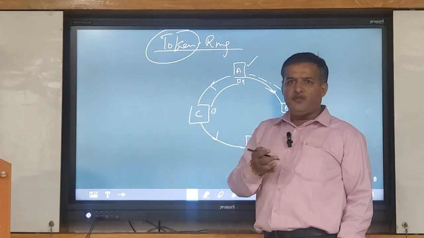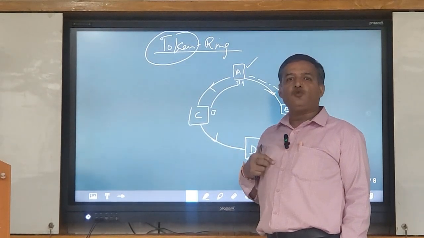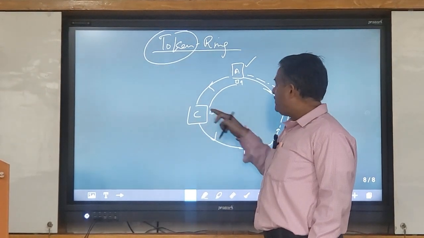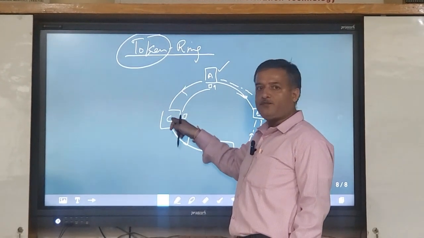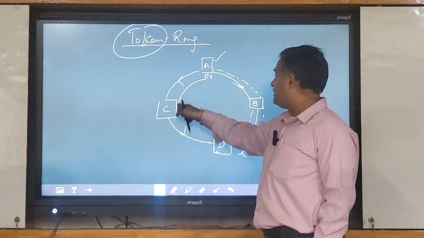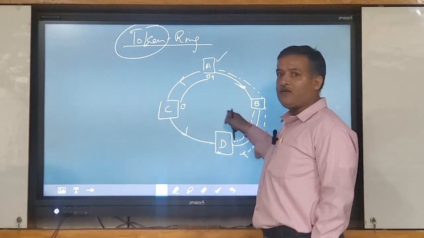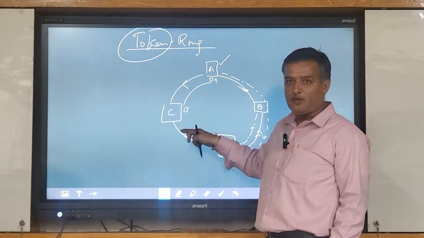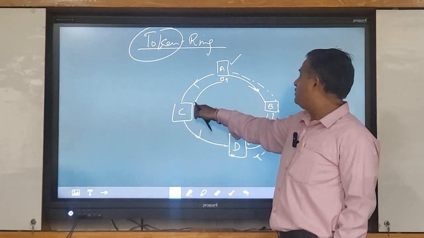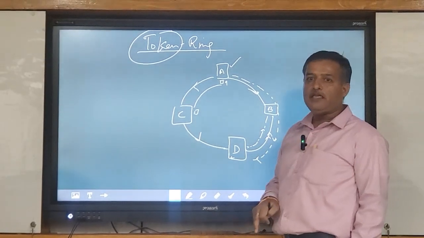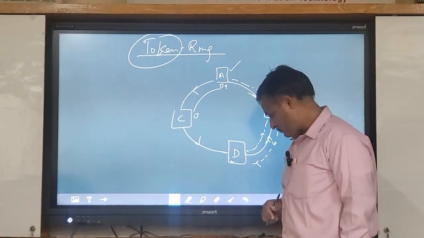Maybe generally we set it for 2 seconds. For this 2 seconds, if C wants to send, then it will capture the token, and because it has the right on the entire network, the entire ring topology, it can send data anywhere, either in this direction or in the opposite direction.